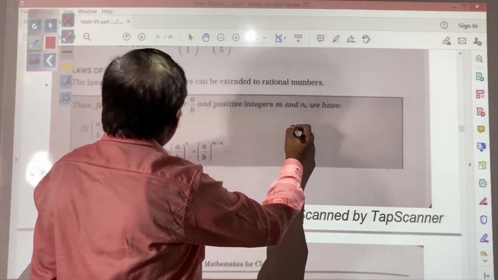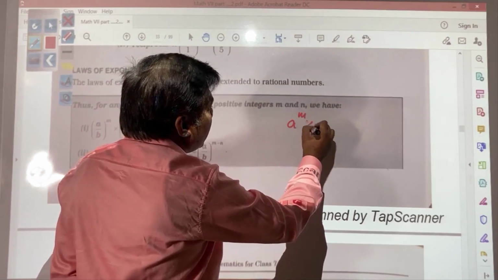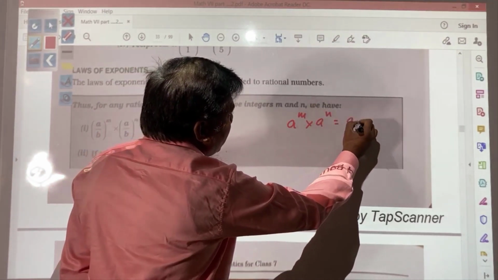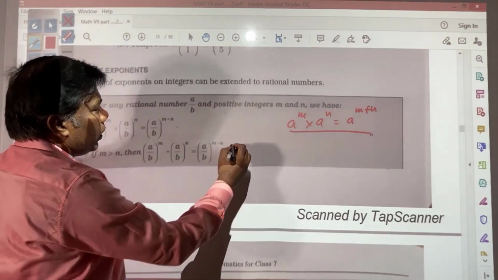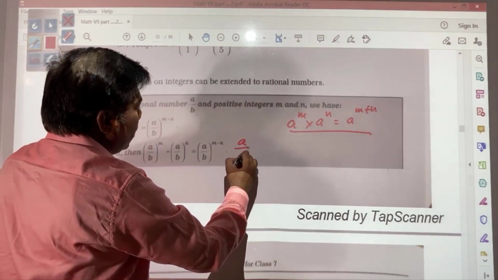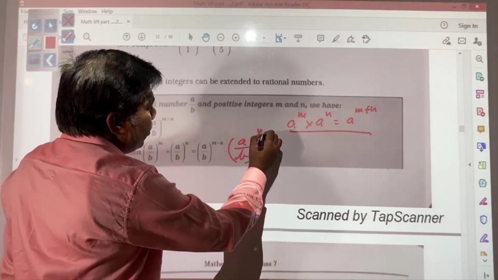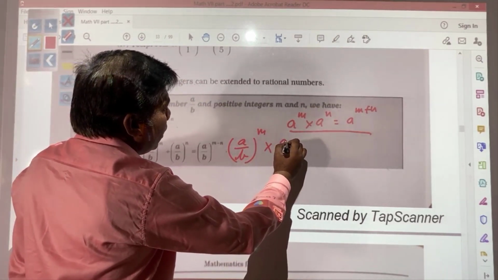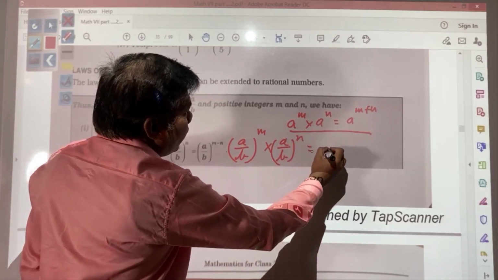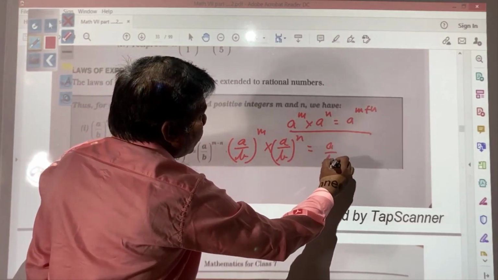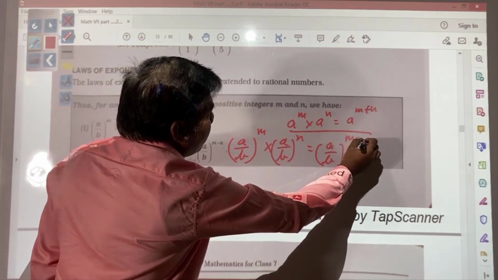What formula did we have? A to the power m into a to the power n is equal to a to the power m plus n. So in the same way, for a rational number we have a by b to the power m into a by b to the power n, then it will be a by b to the power m plus n.